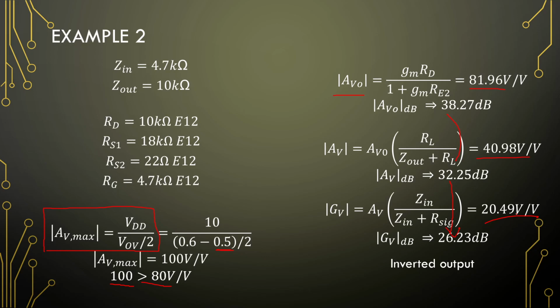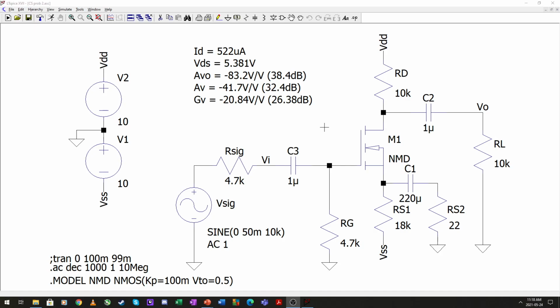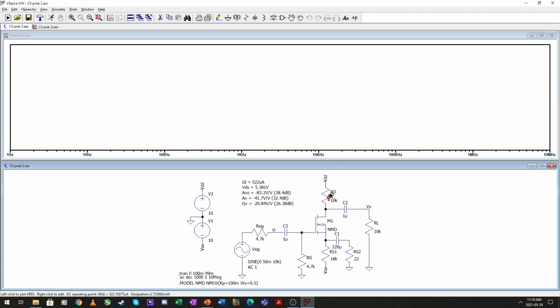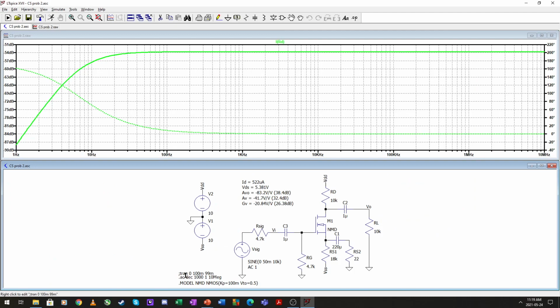Right, let's double check our results with our components with a simulation. So again, I took the liberty of extracting the values beforehand. So here is our designed amplifier, and the drain current is 522 microamps, which is close to the 500 that we designed for.